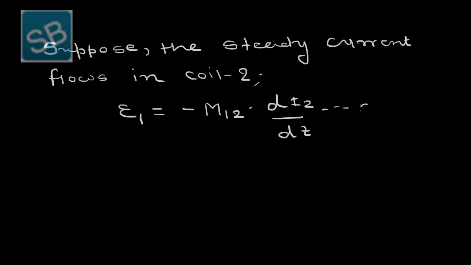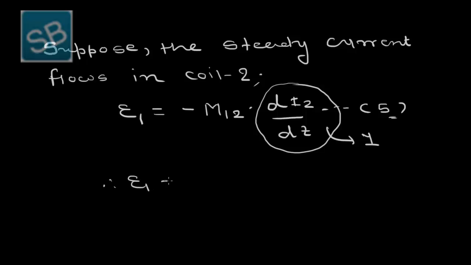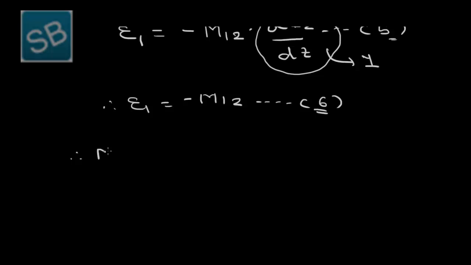Now you also consider in this equation that the time rate of change of current in coil number 2 is unity, and therefore epsilon 1 is also equal to minus M12. And with this, the mutual inductance will be the same in both the cases. Therefore, M12 is equal to M21 and that is equal to what I generally write as M. And such a result is called the reciprocity theorem.